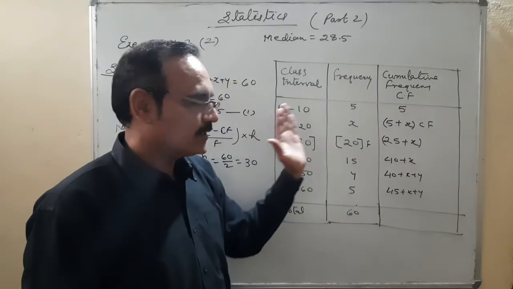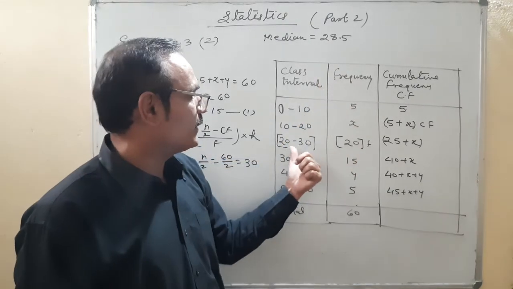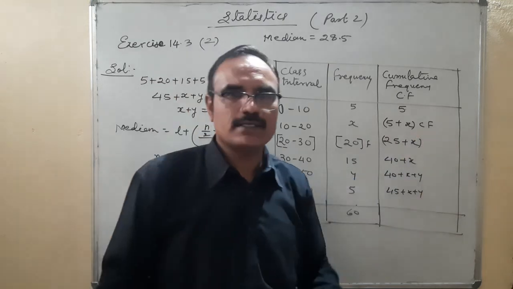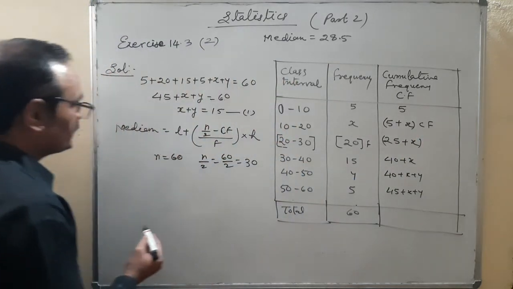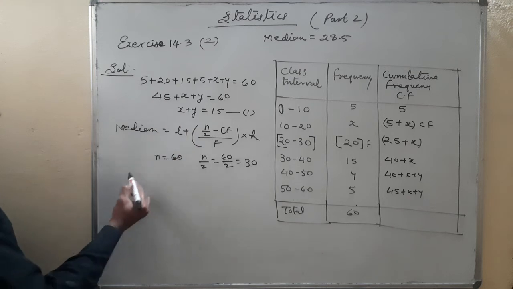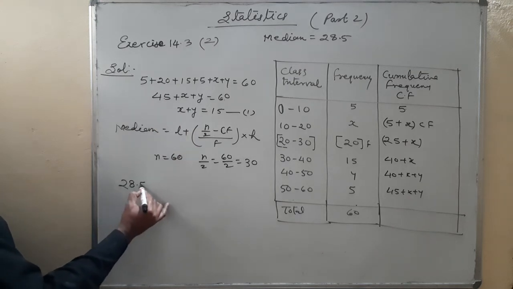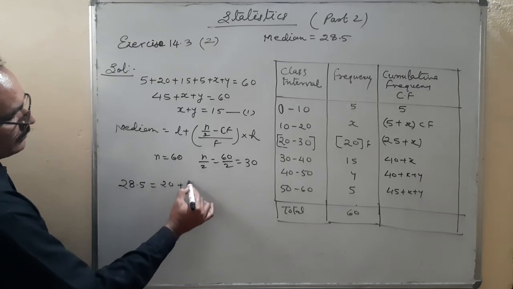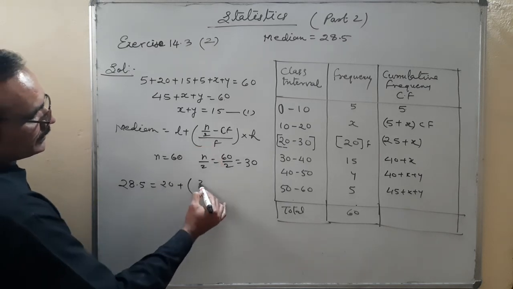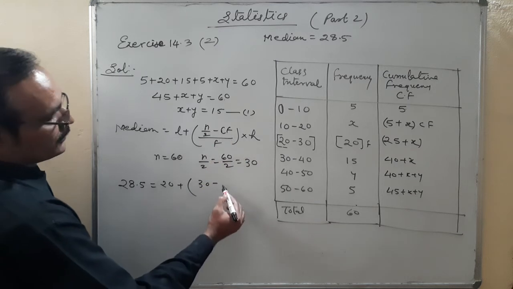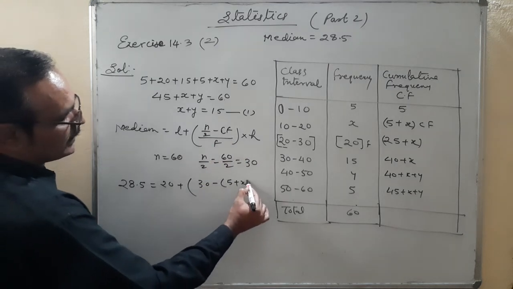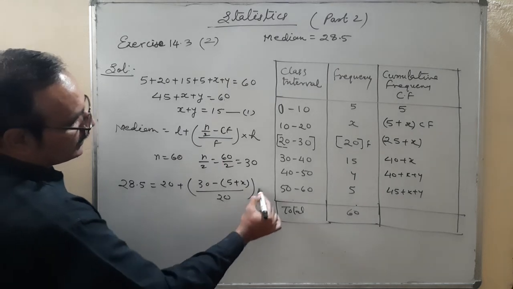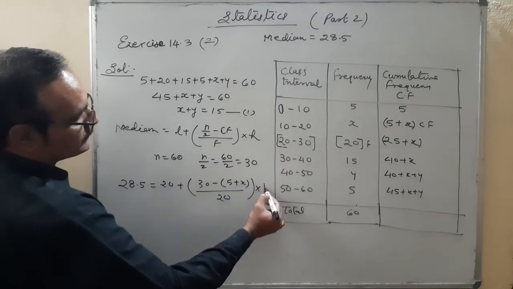Right? So now in this question, because median is already given, F is this term, and the preceding term, 5 plus x, is CF. Put the value here. Median 28.5 is equal to L, 20, plus n by 2, 30, minus CF, put the bracket here, (5 plus x), upon F, F is 20, and multiplied by h, which is 10.